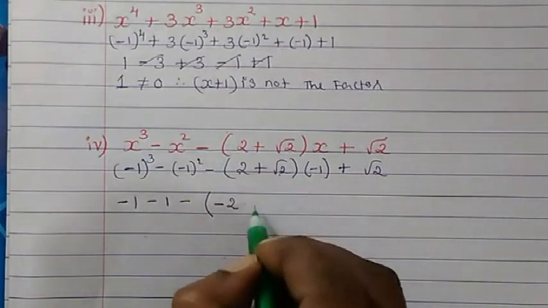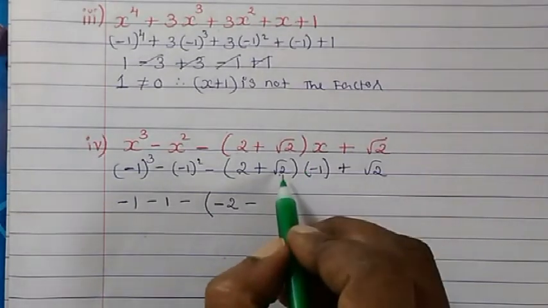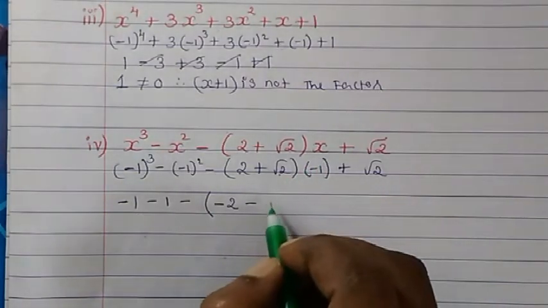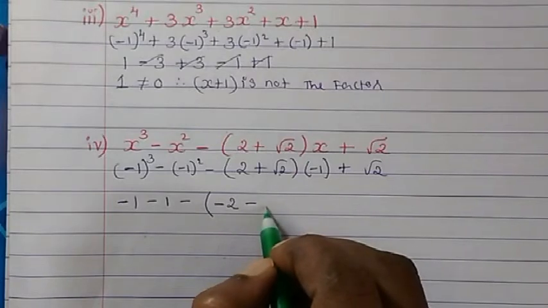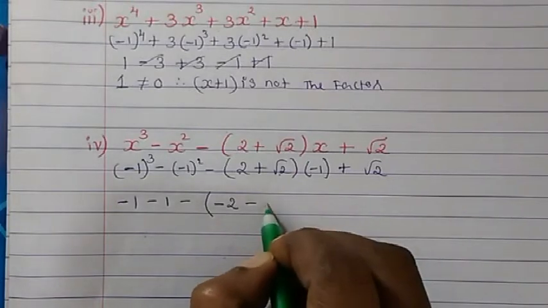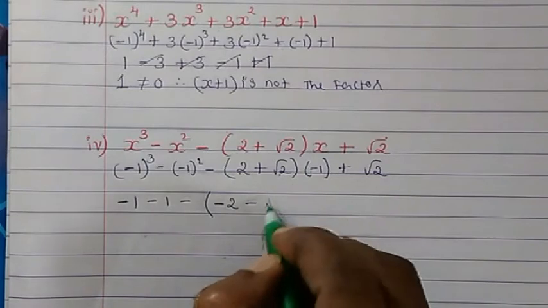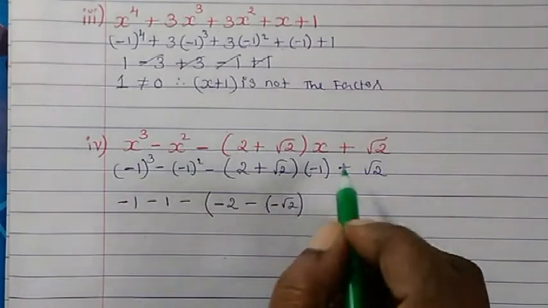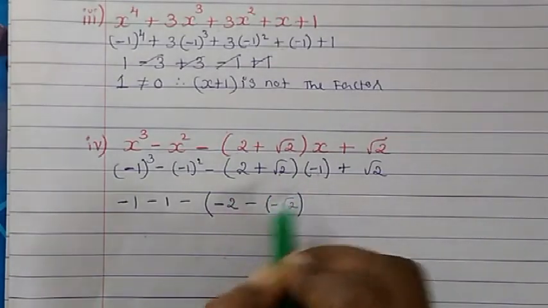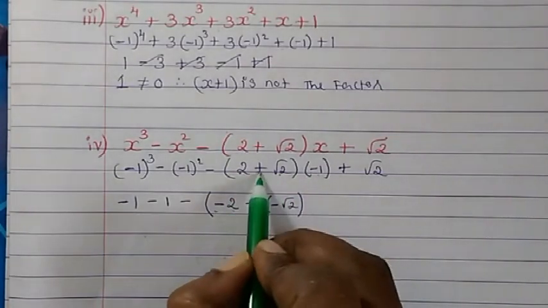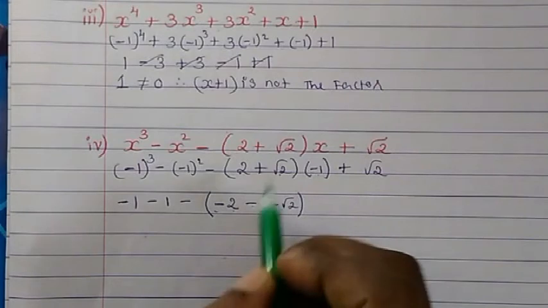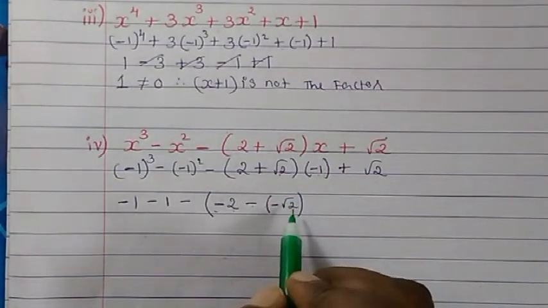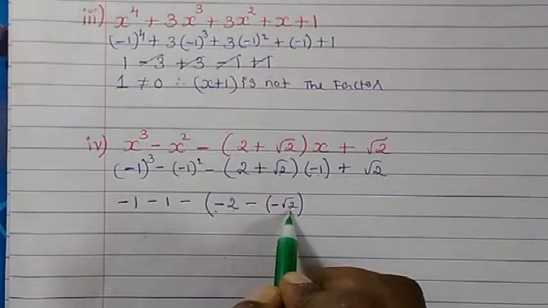Then plus into minus, minus. Then root 2 into minus 1 we will get minus root 2.